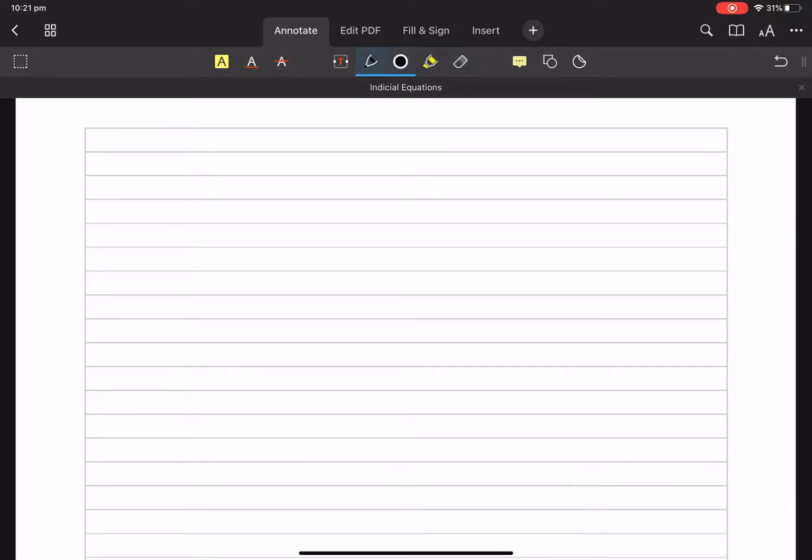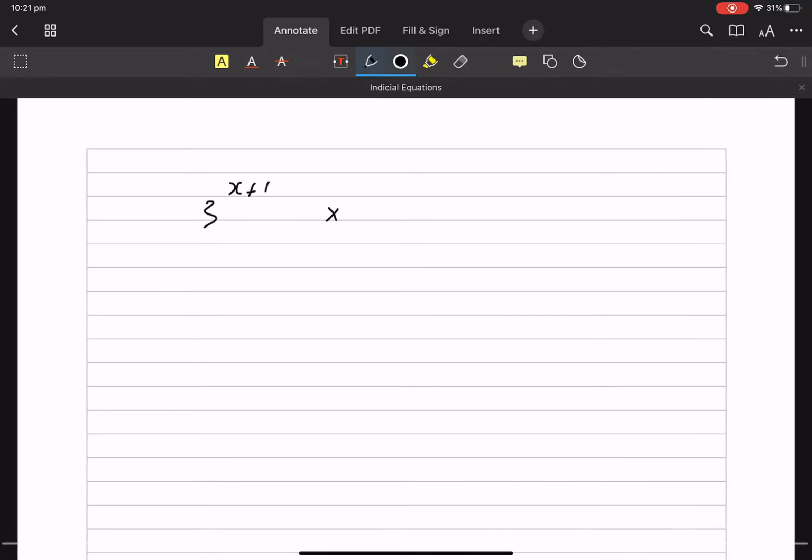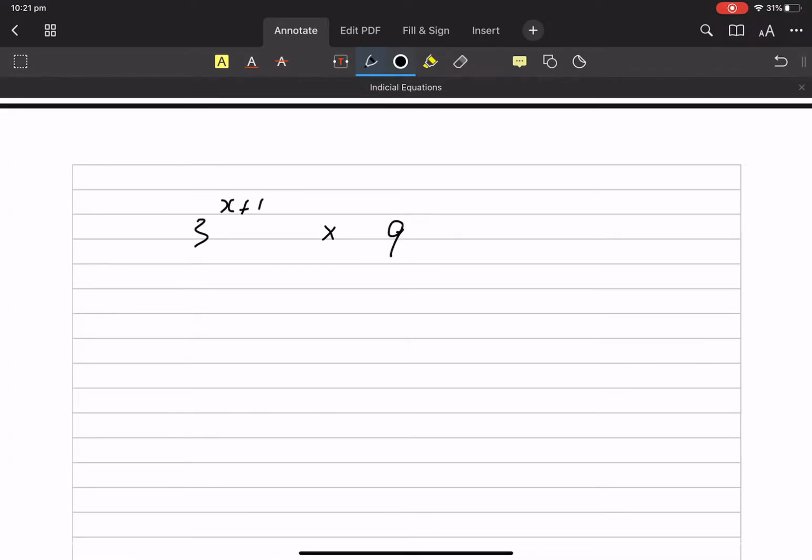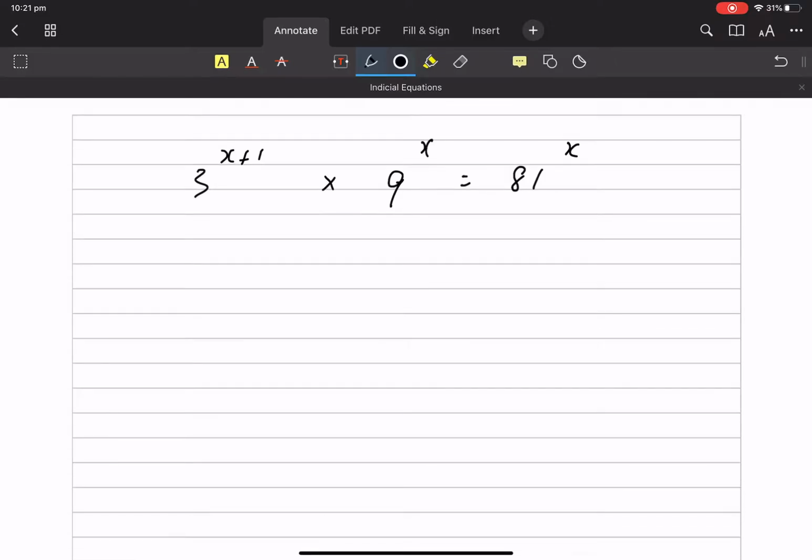Let's go 3 to the x plus 1 times... Okay, 3 to the x plus 1. That's 3 squared, so that'll be 2x. 81 to the x, well 81 is 3. 3 3s are 9, 3 9s are 27, so that's 3 to the 4 to the x.